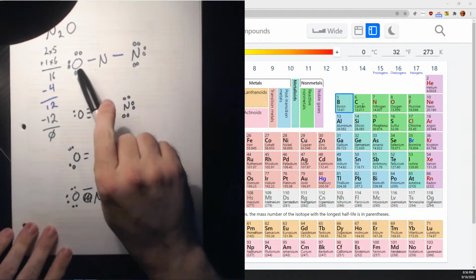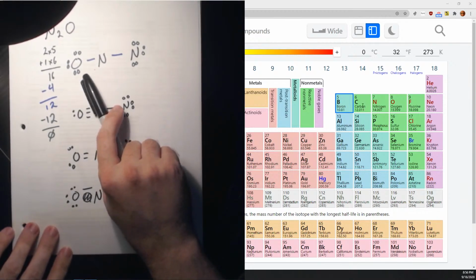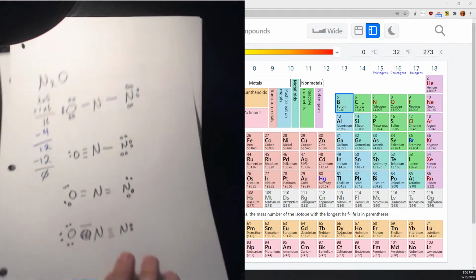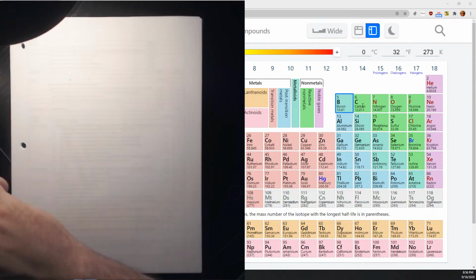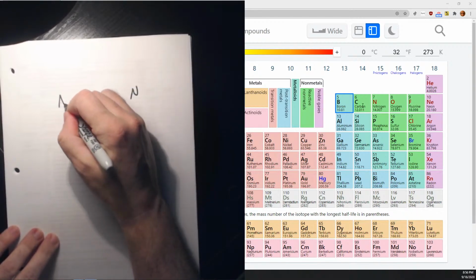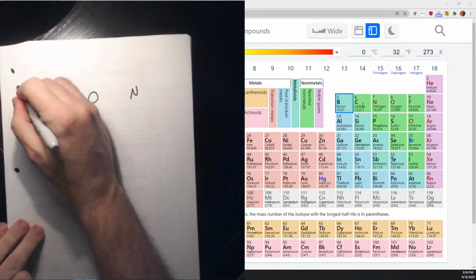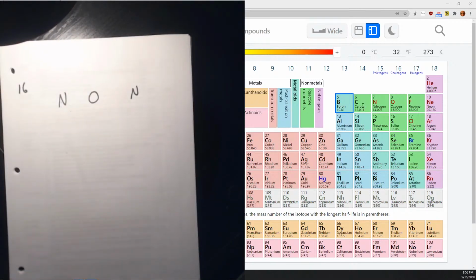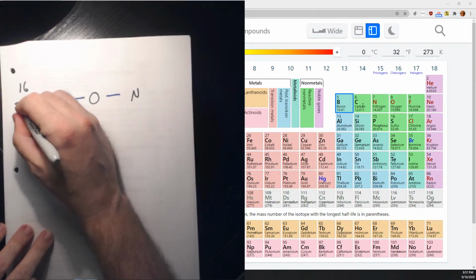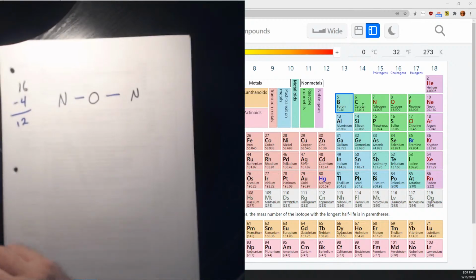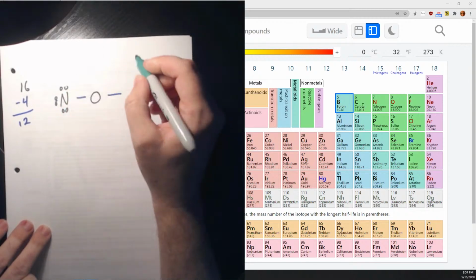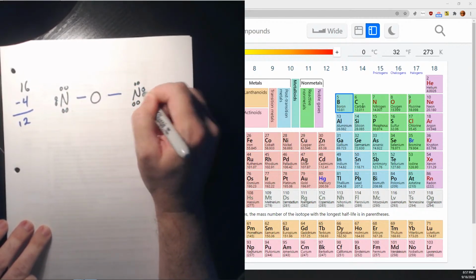But we also have to consider, is oxygen in the middle? Instead of ONN, is it NON? So how many structures do we get out of that to compare? Well, we put oxygen in the middle, nitrogen on either side, and we're starting still with 16 electrons. We draw our single bond to either side. That uses up 4, and we have 12. Then we draw our lone pairs, 2, 4, 6, 8, 10, 12.